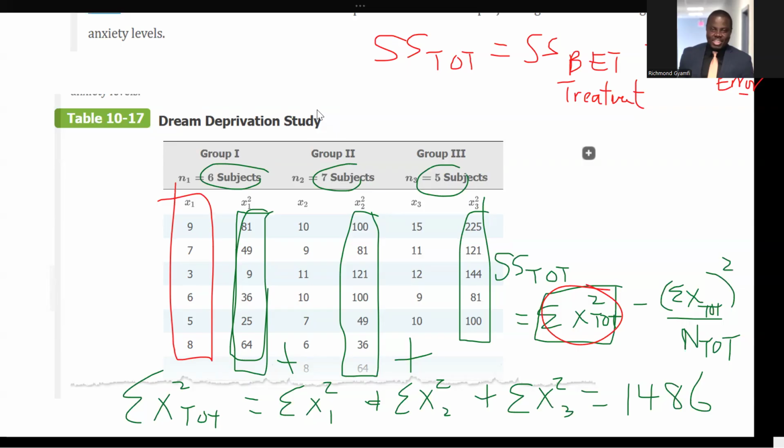So if I have SSbet, I could subtract that number from 134, or the SS total, to get SSW. But I want to show you the formulas for both. So SS between the groups. This is between the groups.